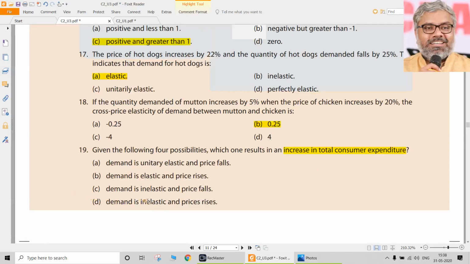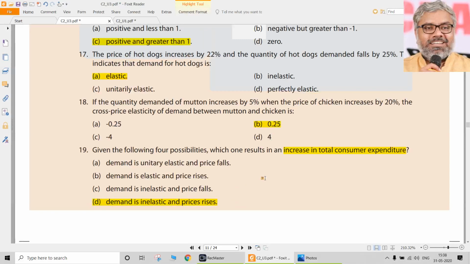Option C, demand is inelastic and price falls. Once again, when the demand is inelastic, the price of the commodity and the total consumer expenditure are directly related. So if price falls, the total expenditure also falls. But here the question is about an increase, so this cannot happen. C is also not possible. Obviously, the remaining D is the correct option.